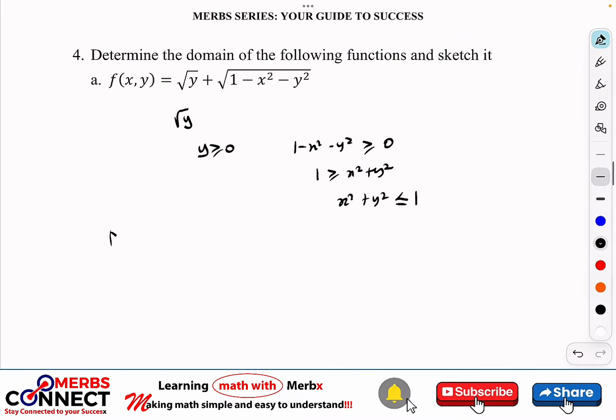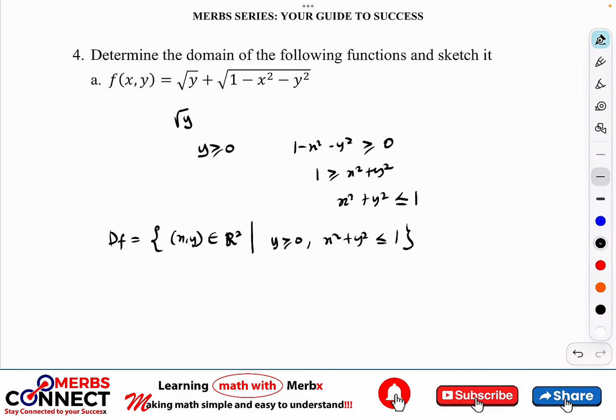So now we can put our domain together and have x, y belonging to R2, given that y is greater than or equal to 0 and x squared plus y squared is also less than or equal to 1. So this is what we are going to get. So now let's try and then figure out how we can sketch this graph.